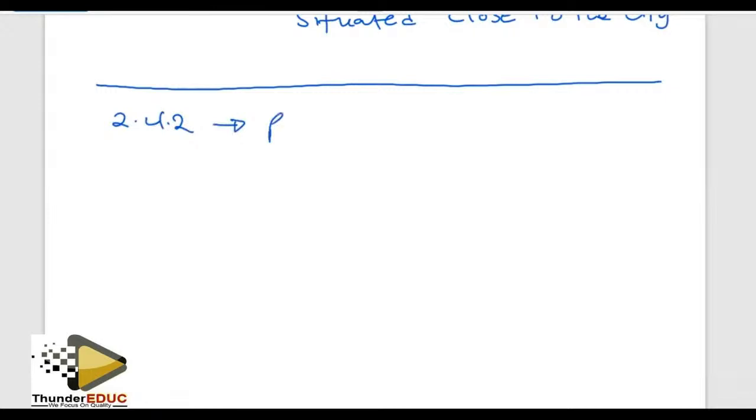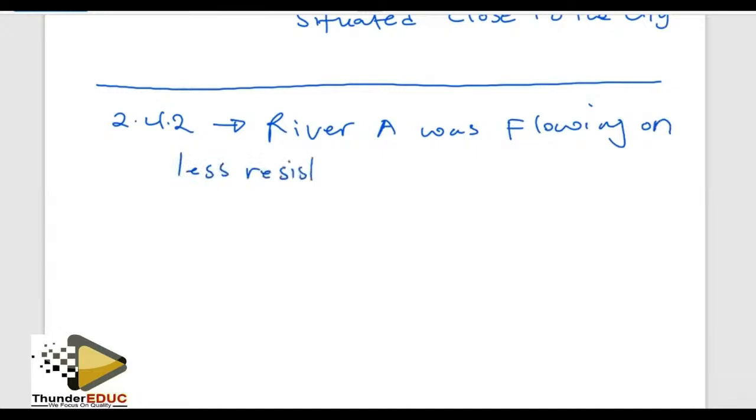So I could say that river A was flowing on less resistant rock, enabling it to erode easily.